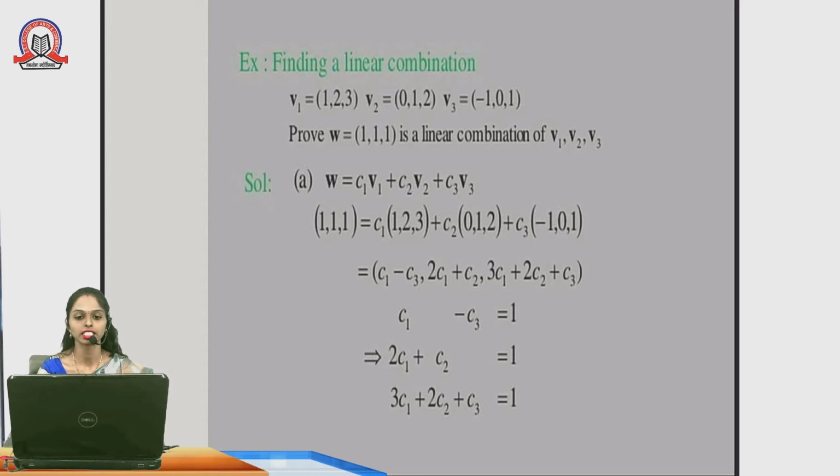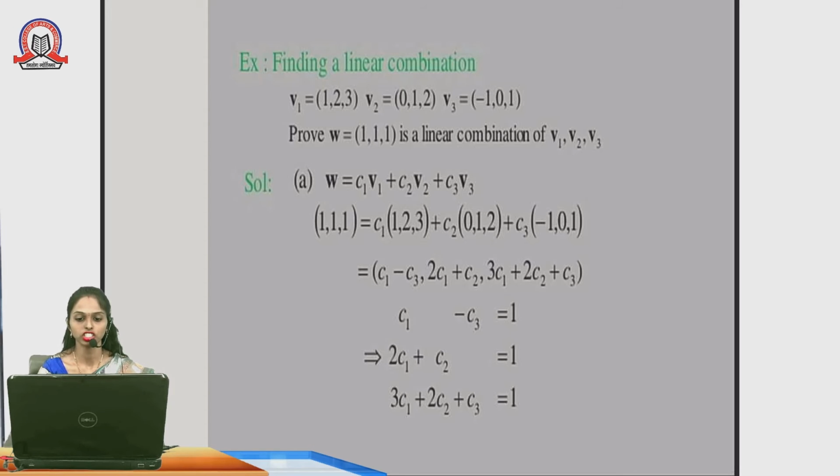Solution: take w equal to c1 v1 plus c2 v2 plus c3 v3. Equating with w, that is (1, 1, 1) is equal to c1 times (1, 2, 3) plus c2 times v2 plus c3 times v3.